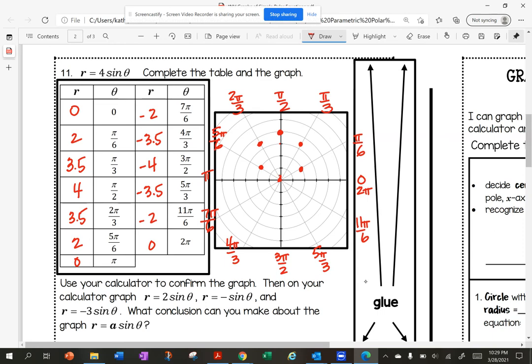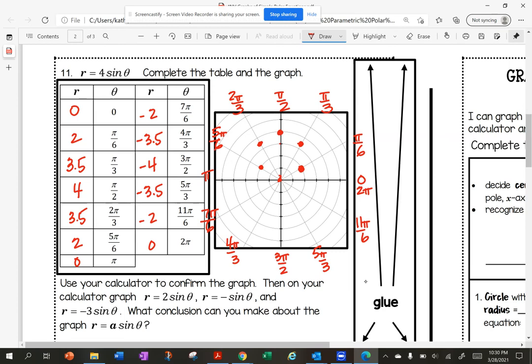At 7 pi over 6, the radius is -2, so it's 180 degrees away. So I am repeating my point at pi over 6. At 4 pi over 3, my radius is -3.5, so I'm repeating the point at pi over 3.